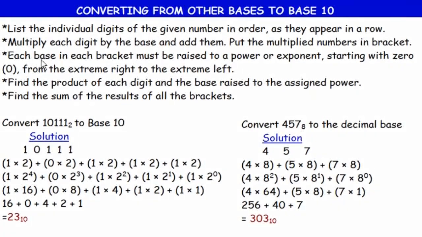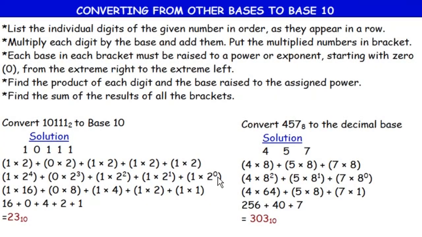Now the next thing to do is raise the base in each bracket to an exponent, starting with 0 from your extreme right to your extreme left. You realize that each bracket contains the number 2, which is the base.